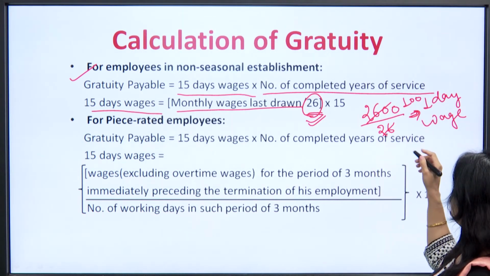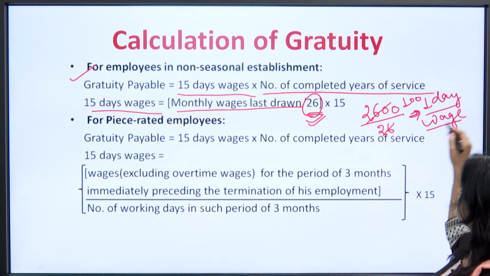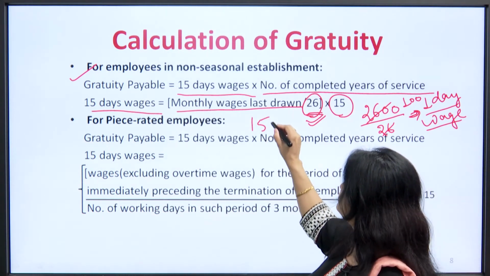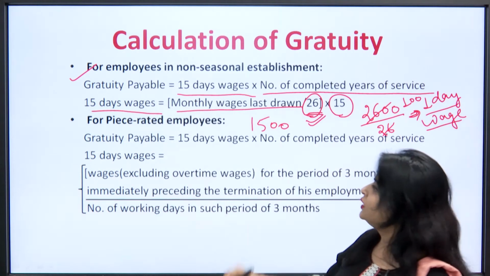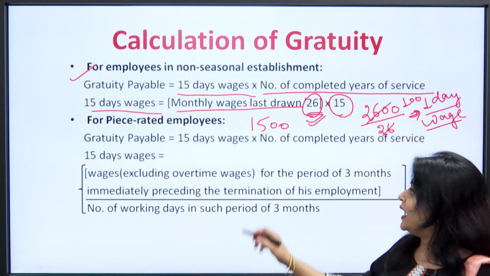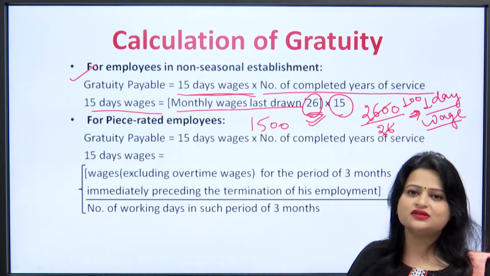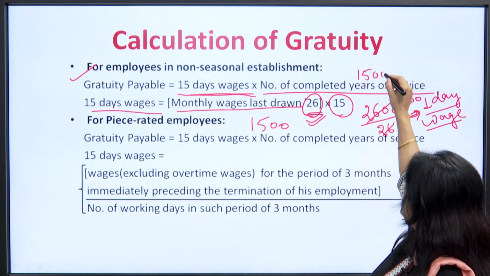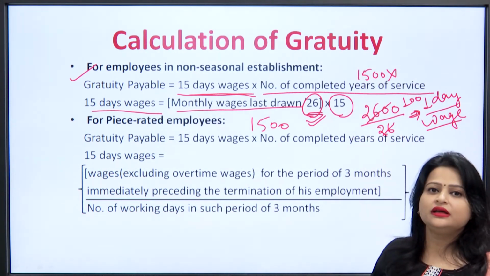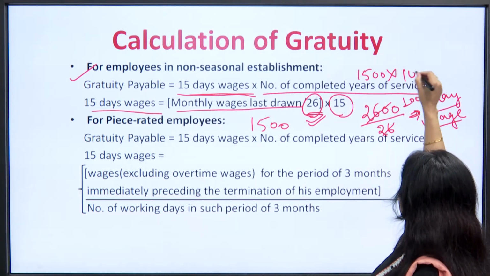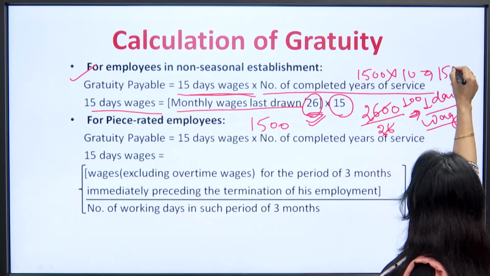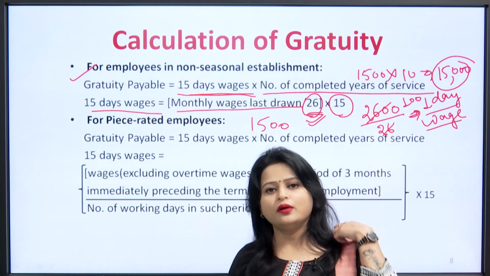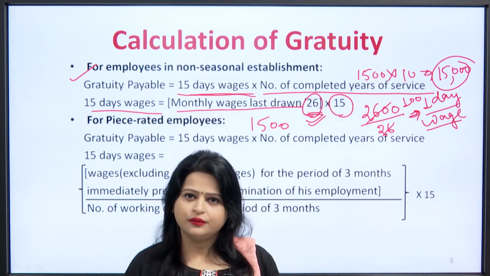This 100 rupees is a 1 day wage, which we have to multiply by 15, that is rupees 1500. It is the 15 days wage. Suppose he has worked for 10 years in that establishment. So the 15 days wage of 1500 is multiplied by the number of completed years of service, that is 10. So that is 15,000. This will be the gratuity amount which an employer will pay to the employee.